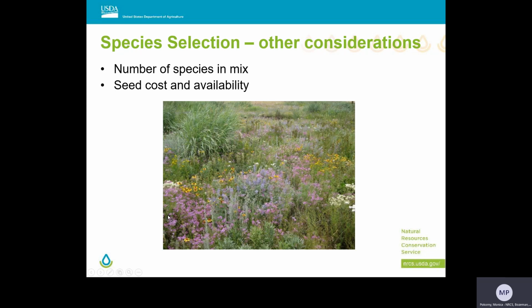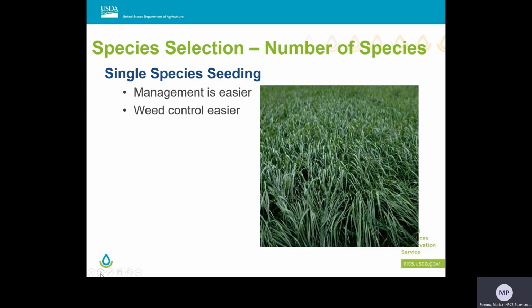Some other considerations when developing a seed mix are the number of species we have in the mix and the seed cost and availability. We'll get into both of those here. Some people still seed a single species mix, and there are some benefits and disadvantages of having a single species mix.